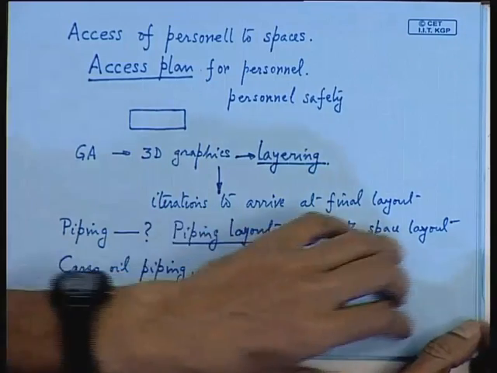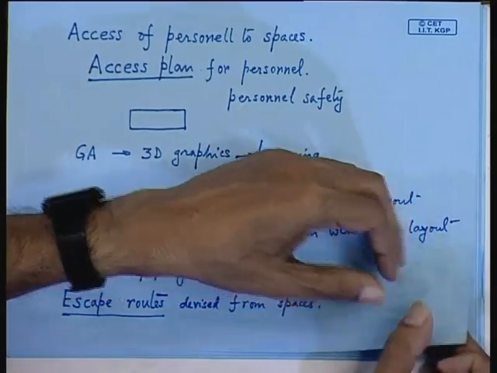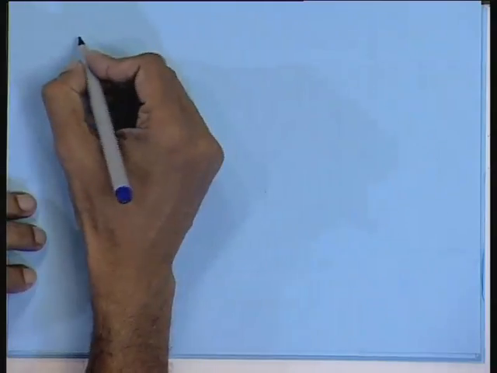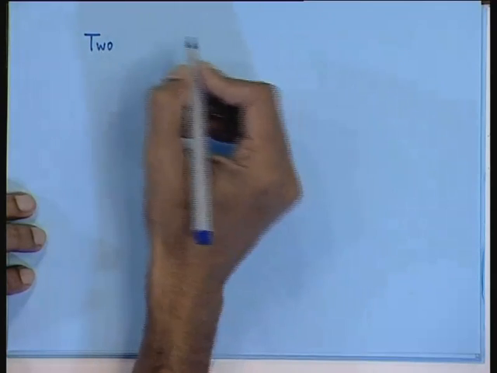Now, when you design escape routes, the most important point to remember is two escapes. This is also similar to ships. When you do your ship's GA, you should never have two escape routes very close to each other.